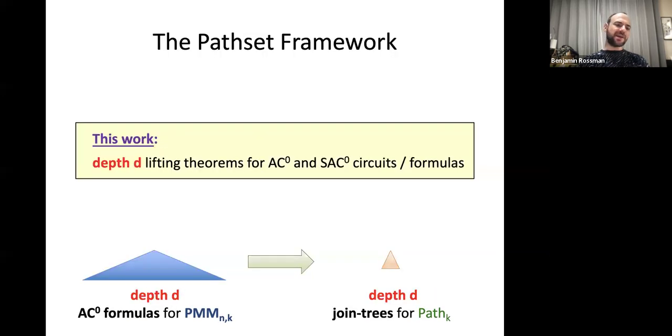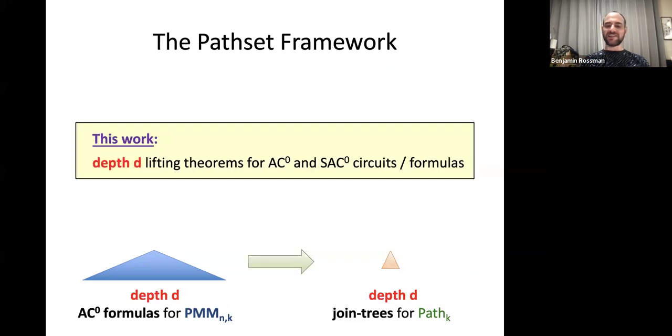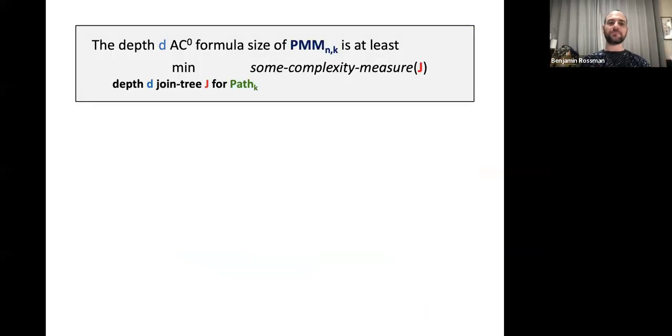Okay, and just to mention, the reason that this didn't come out of the previous work has to do with this conversion to De Morgan formulas, where we lose the depth of the original formula. It doesn't actually factor in, and it took considerable extra work to refine this technique to get these trade-offs for depths below log k. Okay, so to say a bit about the form of this lifting theorem, it looks something like this.